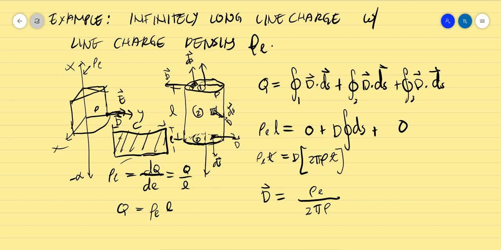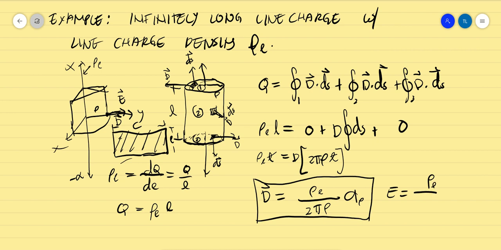And the direction of this one will be in the rho direction, so a rho. So this is our D. So if we solve for E, you just need to divide it by epsilon. So the result will be rho L over 2 pi epsilon times rho in the rho direction.